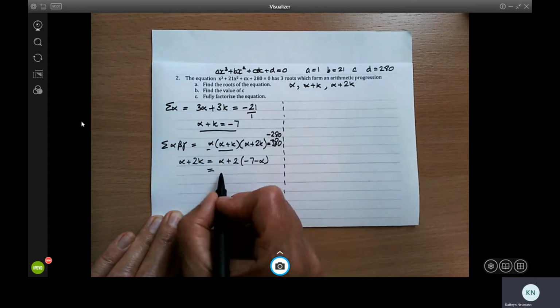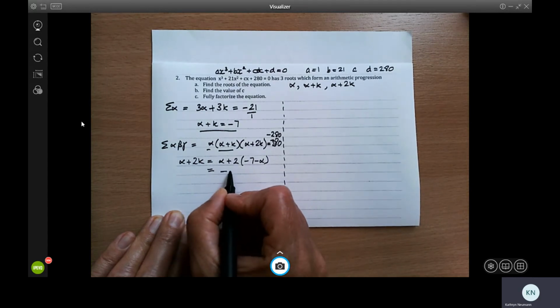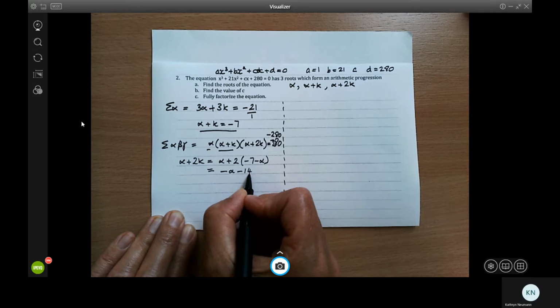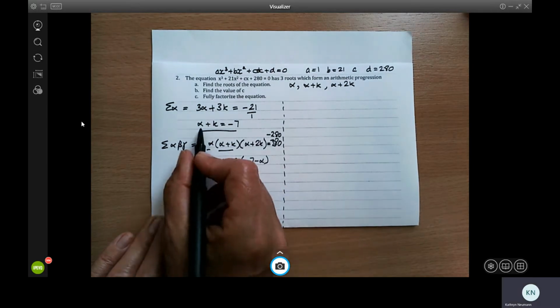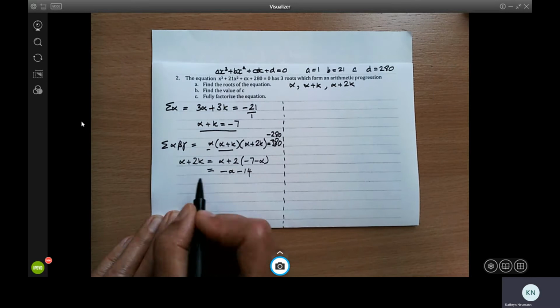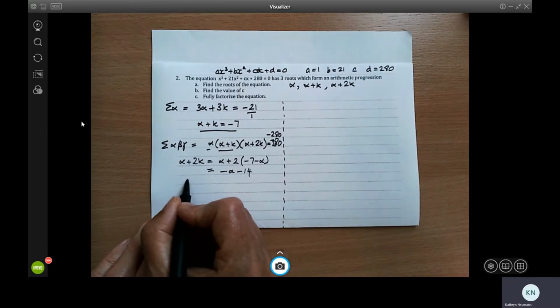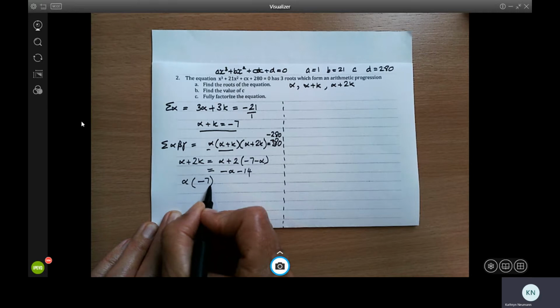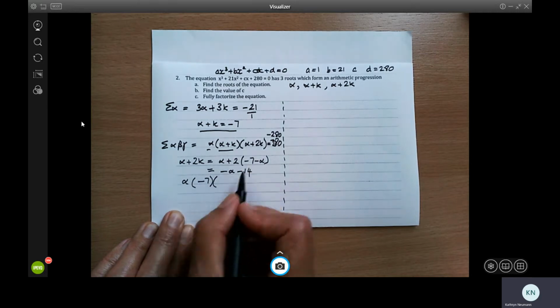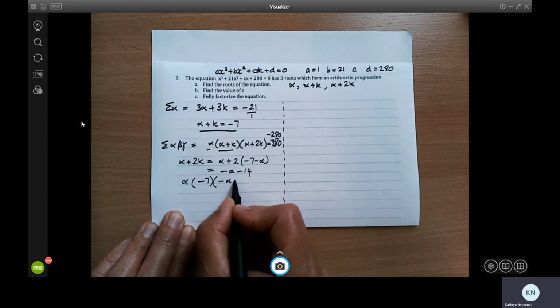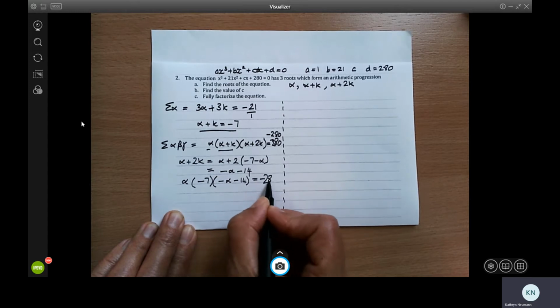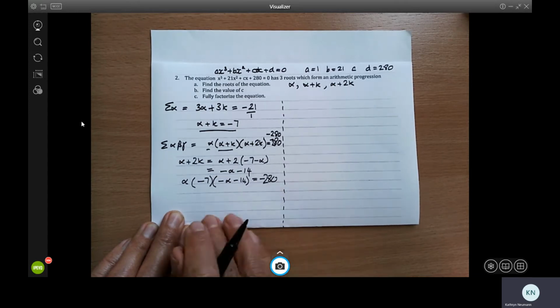So this is equal to minus alpha minus 14. So substituting into this equation here, we've got alpha multiplied by alpha plus k, that's minus 7, multiplied by alpha plus 2k, which is minus alpha minus 14, is equal to minus 280.